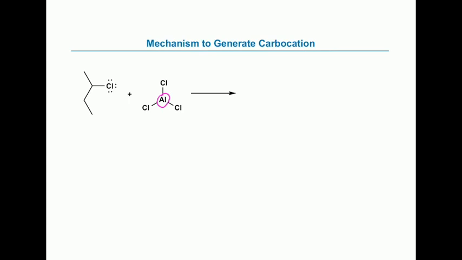You pair the metal with whatever halogen matches the leaving group of choice. If you're using alkyl chlorides, you would typically use aluminum trichloride or iron trichloride. If you're using an alkyl bromide, you would use aluminum tribromide or iron tribromide.